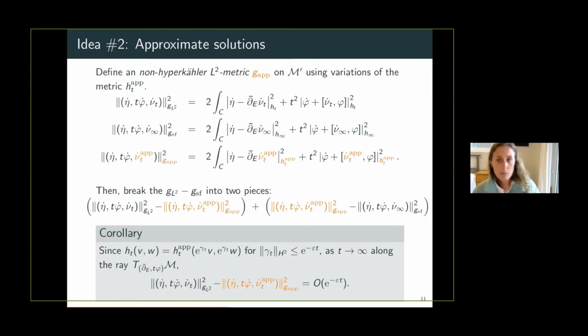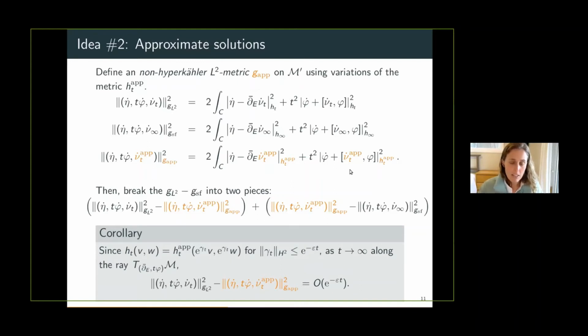What the approximate solutions let you do is define a non-hyperkähler L2 metric G approximate by doing the same kind of silly thing. Everywhere you see a nu dot of t, replace it with nu dot approximate. And everywhere you see an h of t, replace it with h_t approximate.